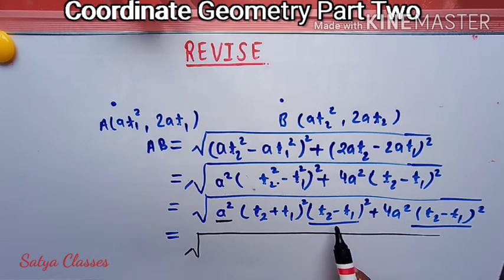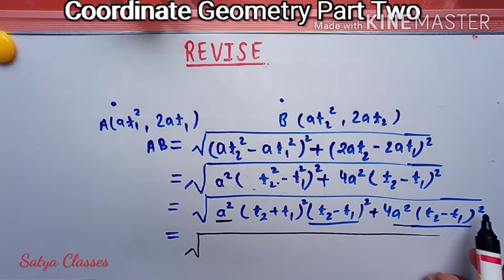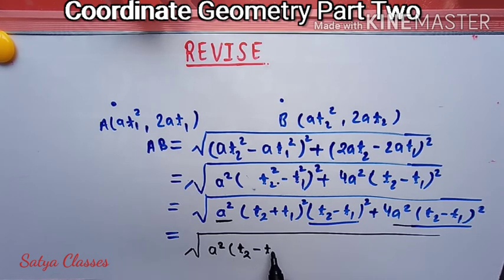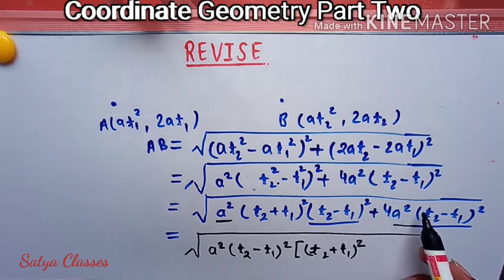A square t2 minus t1 whole square, and look, a square t2 minus t1 whole square. So let me write it, a square, t2 minus t1 whole square. Now what is left? Only this term is left here. So write it as t2 plus t1 whole square, and what is left here? Only a single number, that is 4.